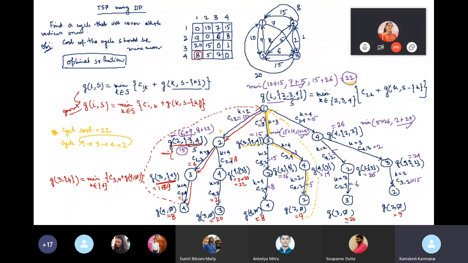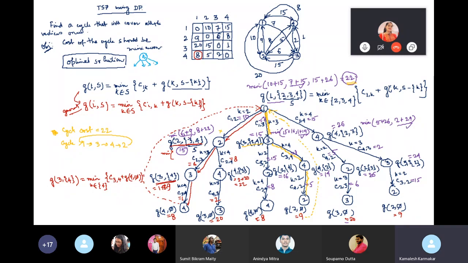If we have n number of vertices, then if you start from one vertex, your next choice, how many choices are there?